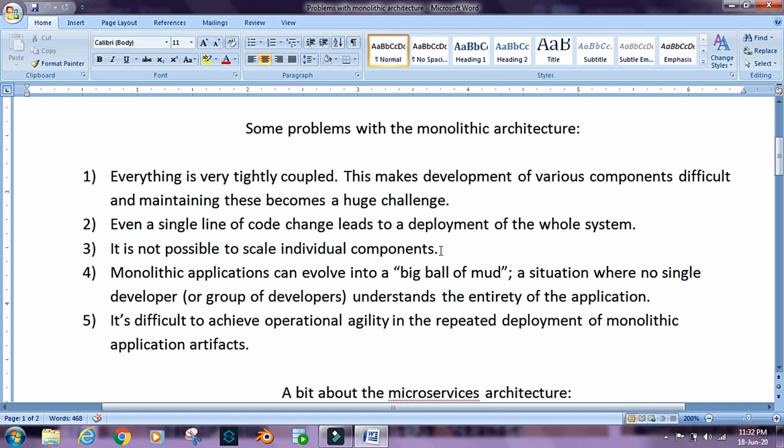And the fourth point is, monolithic applications can evolve into a big ball of mud, a situation where no single developer or group of developers understands the entirety of the application.